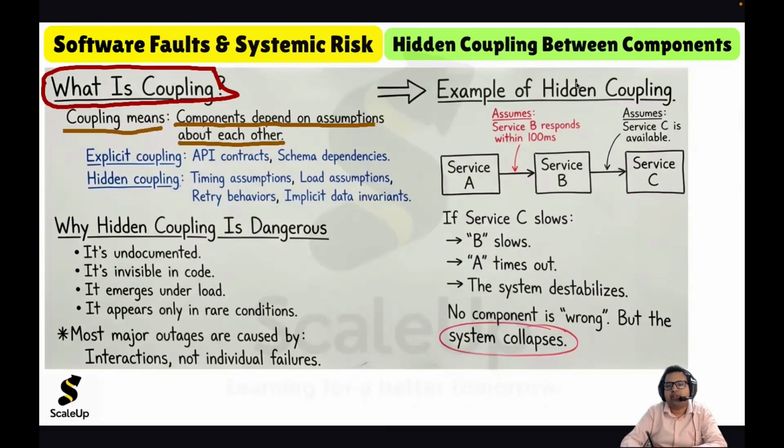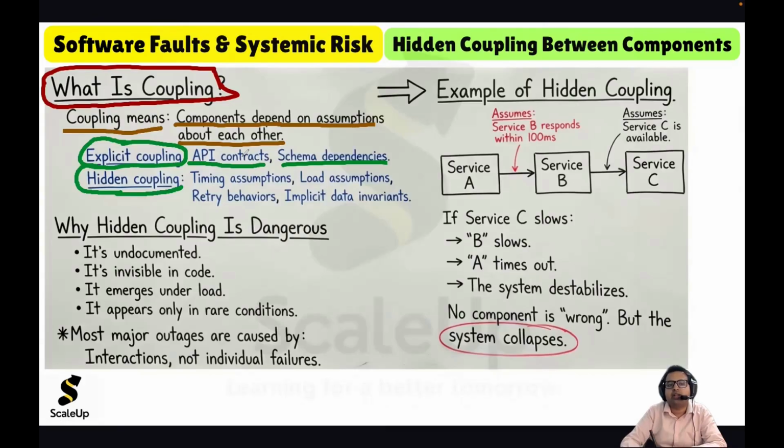We can have explicit coupling, wherein software systems depend on API contracts and schema dependencies. We call it explicit coupling, which is visible, which we can sense. And we also have hidden coupling, which is very important, and also very dangerous.